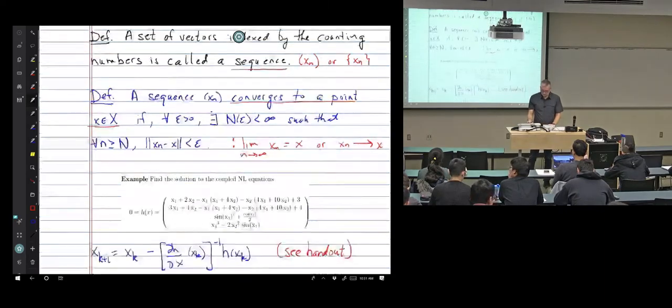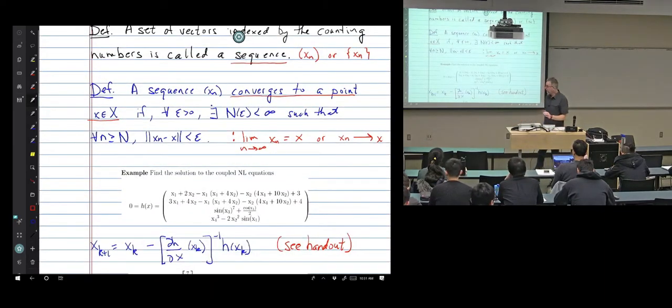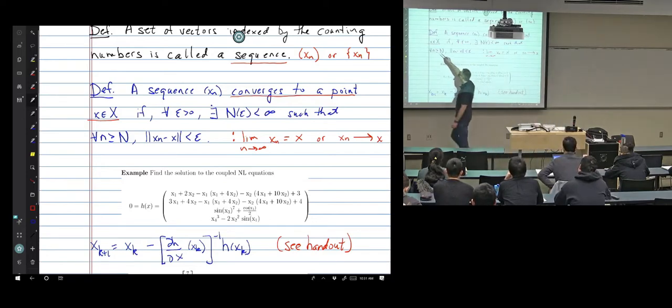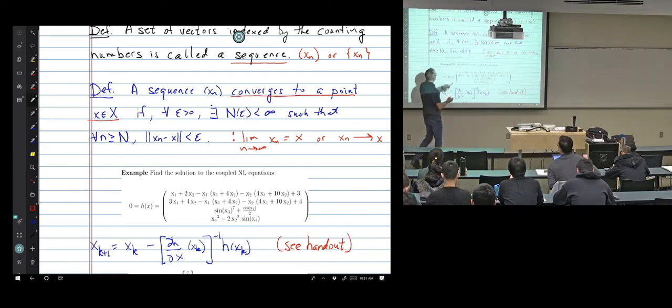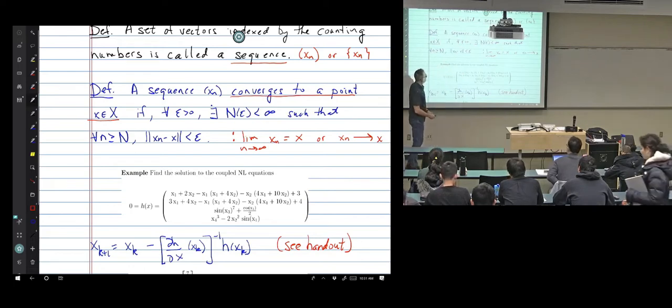The first concept with a sequence is what does it mean that all of its elements get closer and closer to a point X. That's called the limit of the sequence. So a sequence converges to a point X if you give me an allowable approximation error, no matter how small.